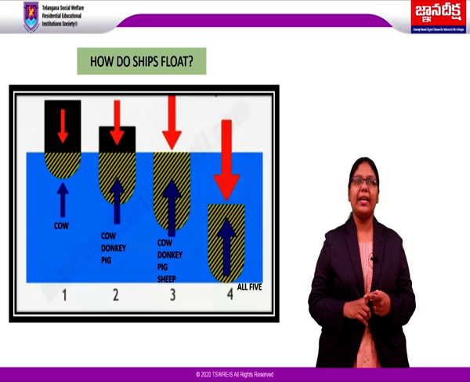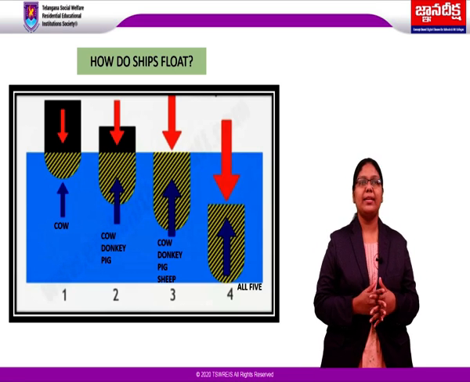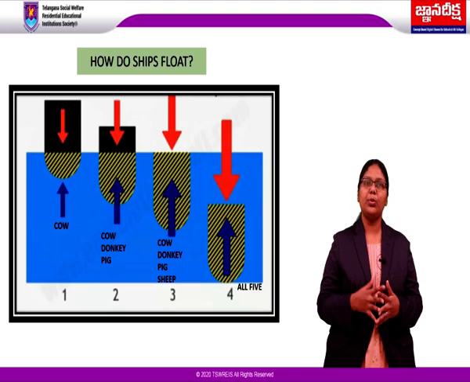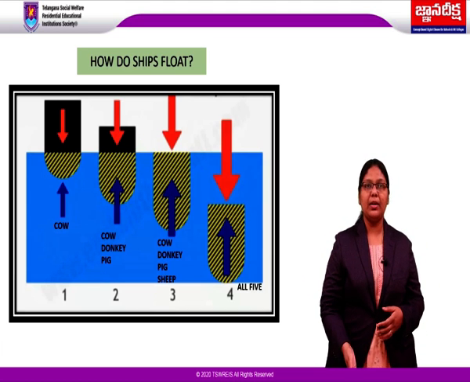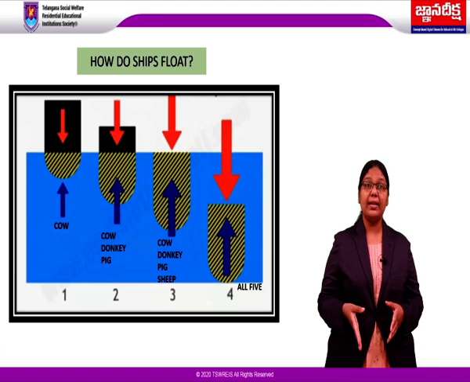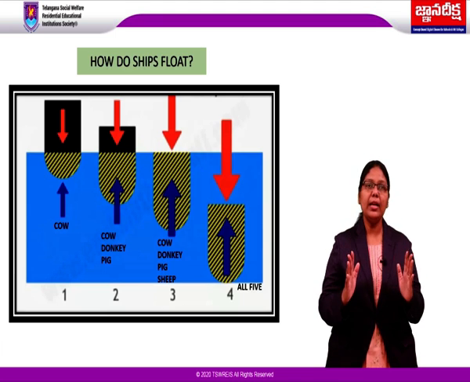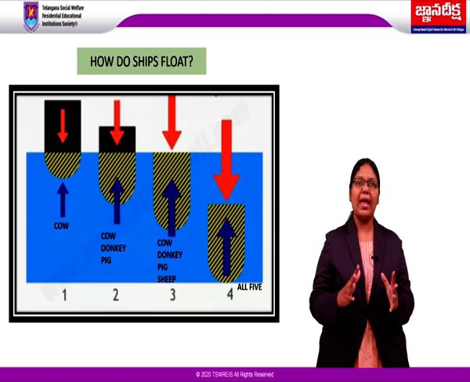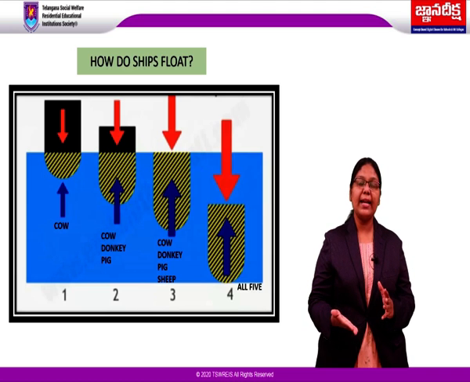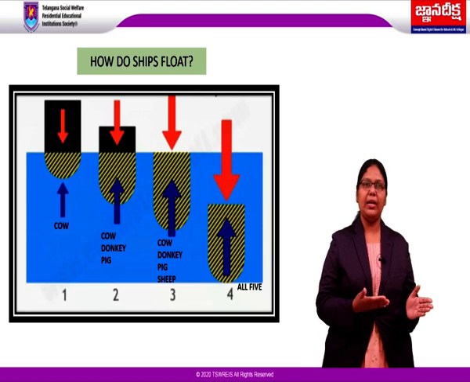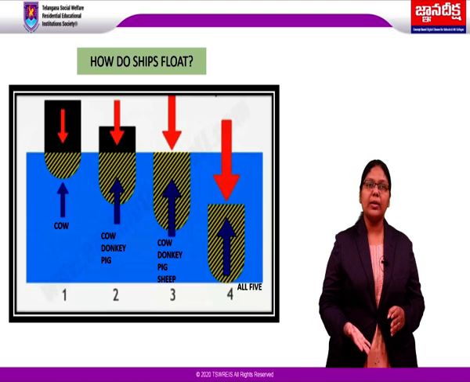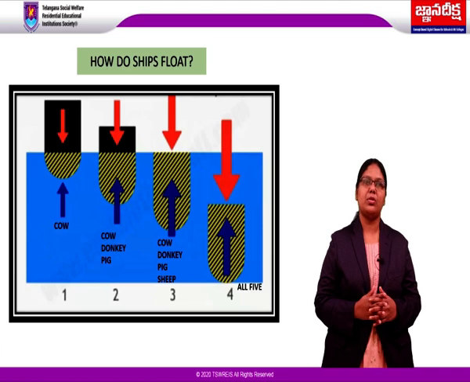The second figure indicates when the other two animals, the donkey and pig, got into the boat. The weight has increased. The boat has sunk deeper. This more yellow shaded part is inside the water, but still both arrows are balanced. More buoyant force is acting, which is equal to the weight of cow, donkey and pig, by displacing more water and keeping the boat afloat.